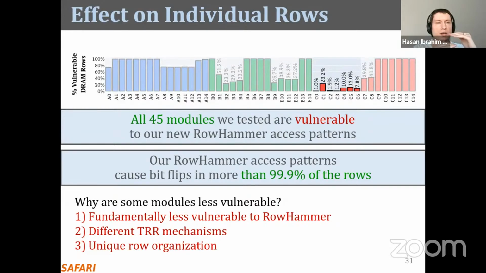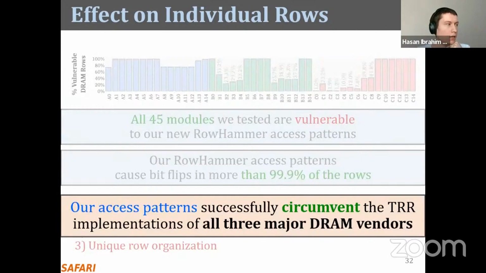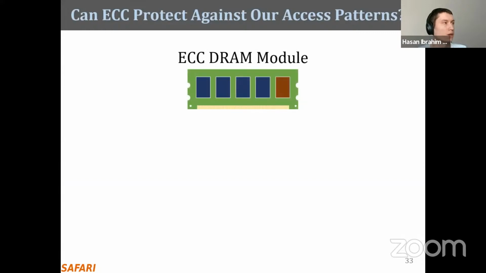Let's say the row above is vulnerable, but the row below is not vulnerable, even without any refresh commands that are needed to perform TRR. So this is what we suspect. But overall, our access patterns successfully circumvent the TRR implementations of all 3 major DRAM vendors.